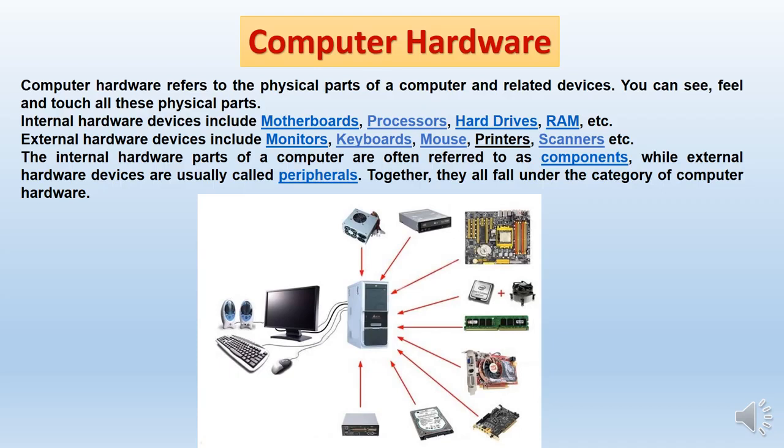That's why these are referred to as internal hardware devices. The internal hardware parts of a computer are often referred to as components, while hardware devices which are externally used are called peripherals, and together they all fall under the category of computer hardware.